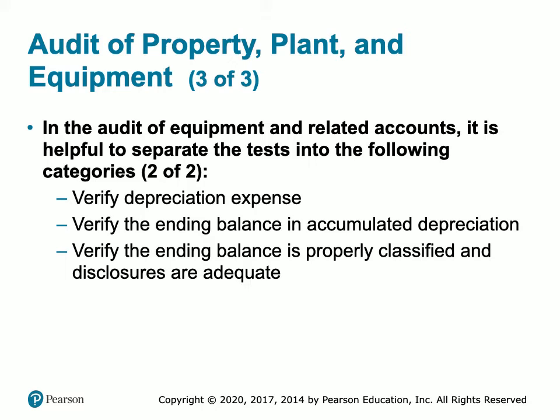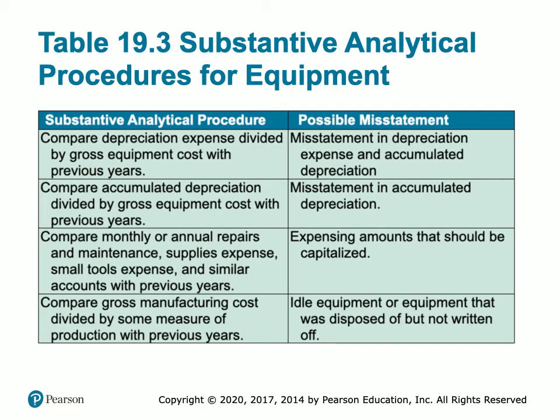It doesn't need to be any more complex than that, right? So there's some analytical procedures like outlining the depreciation expense divided by gross equipment costs. See if that compares to the life, right? So there are very easy analytical procedures you can design for this.